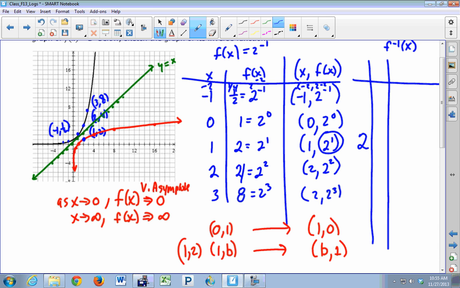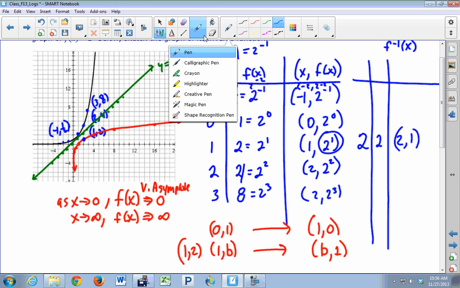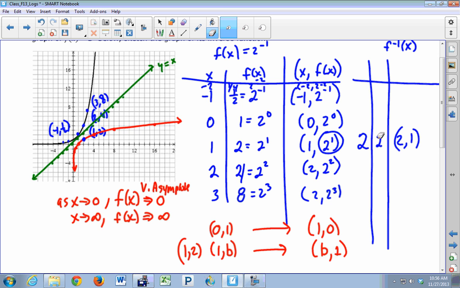And when we reversed it, we were at (2, 1). So we're at (2, 1). I'm just going to write that over here.